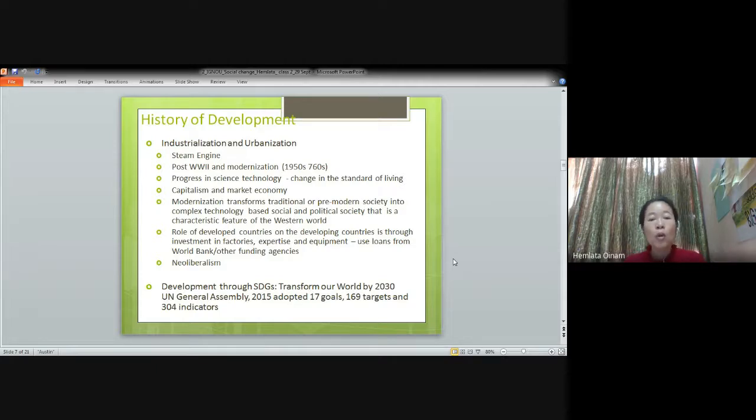Now, this whole use of mechanization and technology has transformed what we call a traditional or pre-modern society into a very complex technology-based society, where we could see political systems starting to intervene in the overall functioning. Many countries which were once colonized by European countries have appeared to function in the same characteristic way of administration as the Western European countries did during the colonial period.